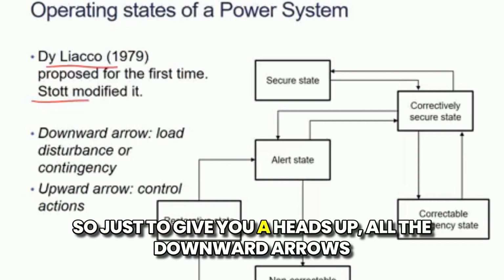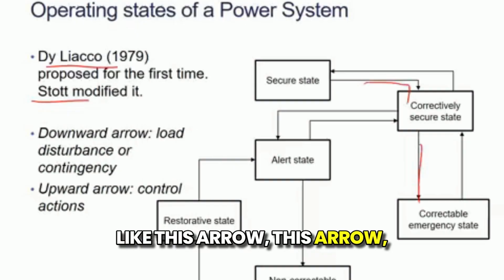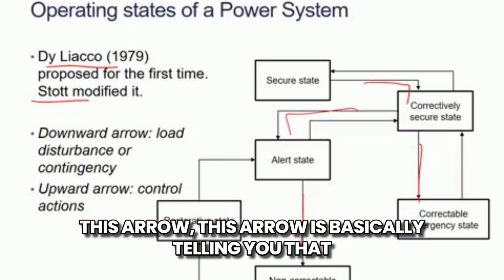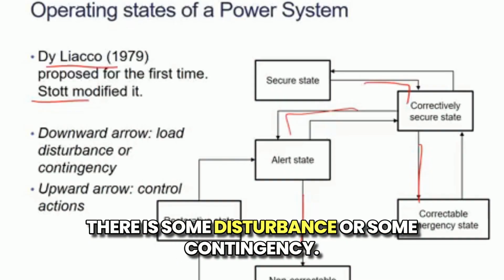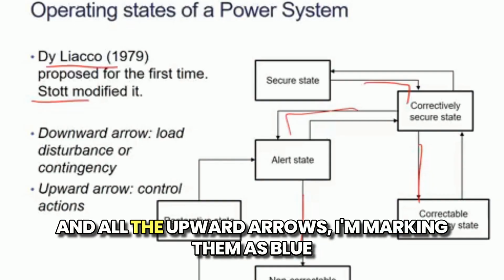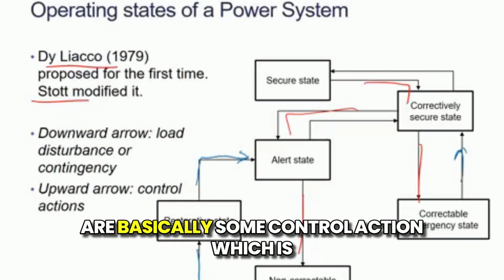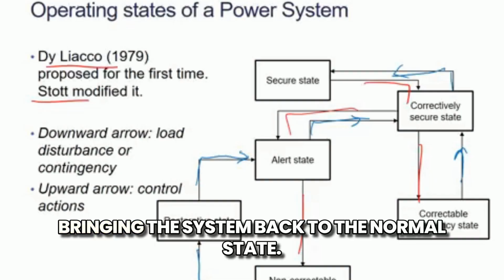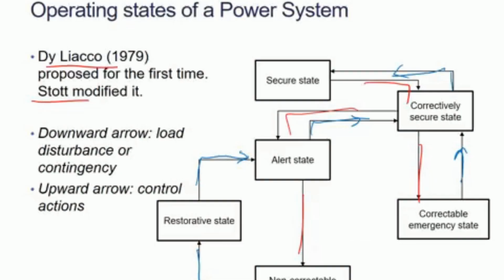Just to give you a heads up, all the downward arrows are telling you that there is some disturbance or contingency, and all the upward arrows, which I'm marking as blue, are some control action which is bringing the system back to the normal state.